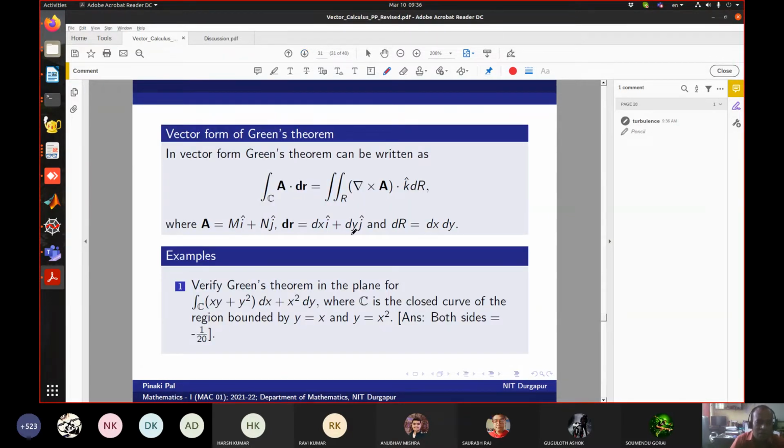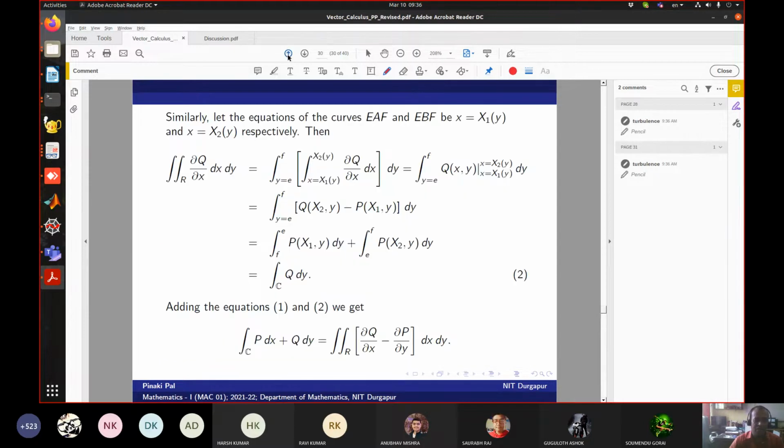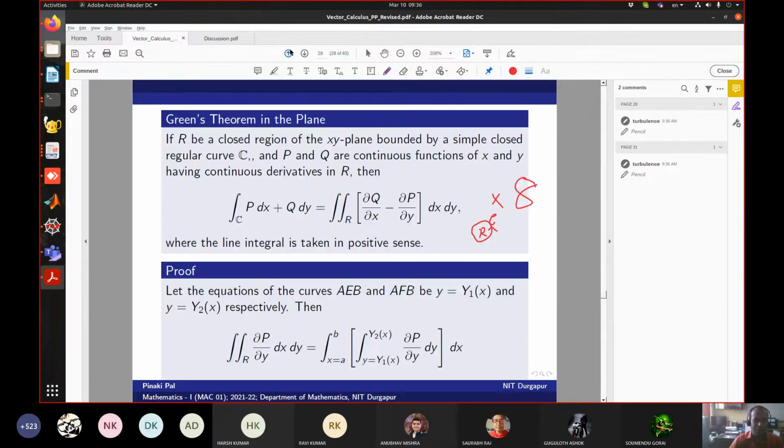And now this is the vector form. Basically, if we write A is equal to M i plus N j, it has two components, and this differential vector dr is dx i plus dy j. Then the left hand side of Green's theorem can be written as P dx plus Q dy.